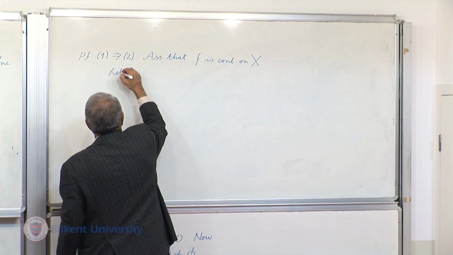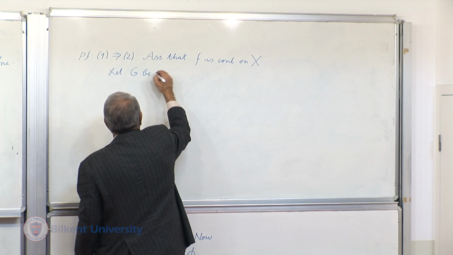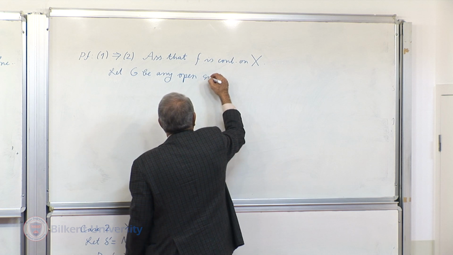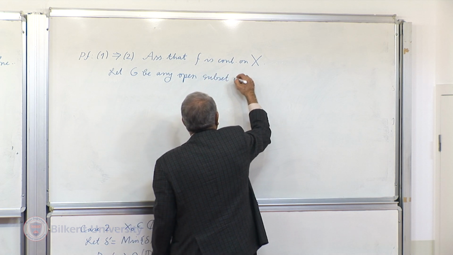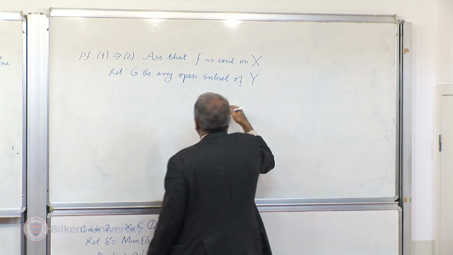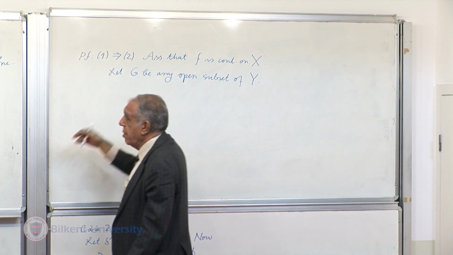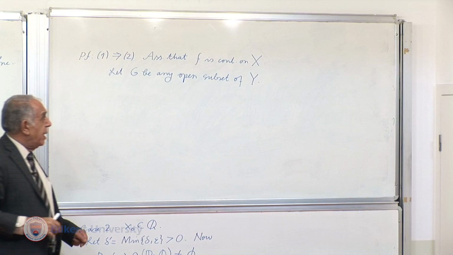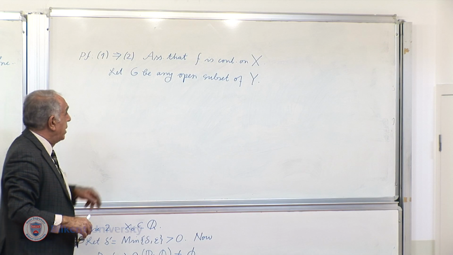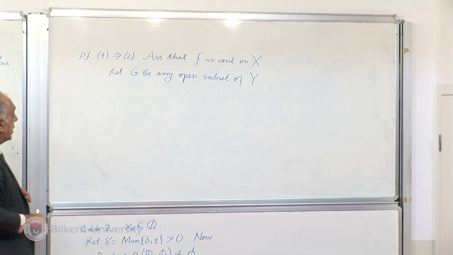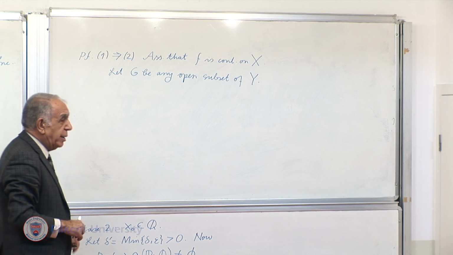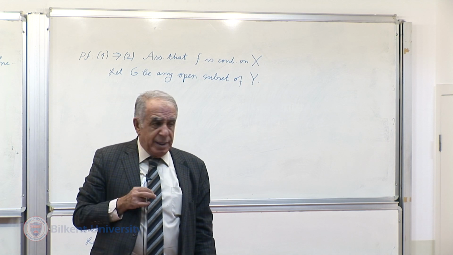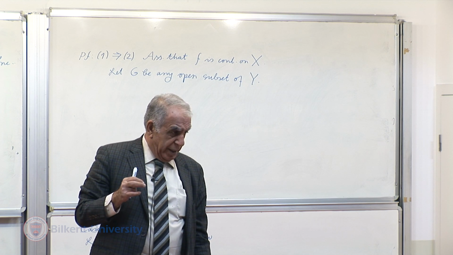Let G be any open subset of Y. Well, this is with respect to tau prime, and that in X we have tau. Since that's clear, I will suppress with respect to what topology. Now we need to show that f inverse G is open with respect to tau.